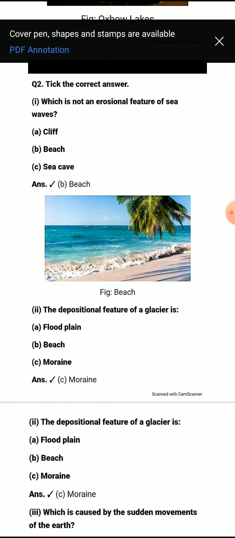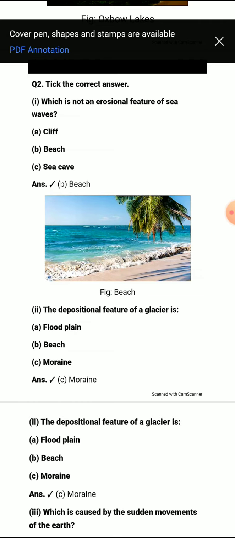Beach is not made by erosion. What is the meaning of erosion? We have done it yesterday also.